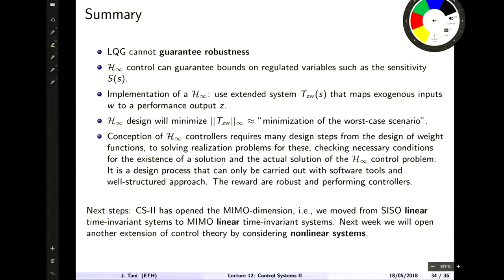Okay, we're at the end. Give me please 1 minute, that would be much appreciated. Take home: LQG cannot guarantee robustness.